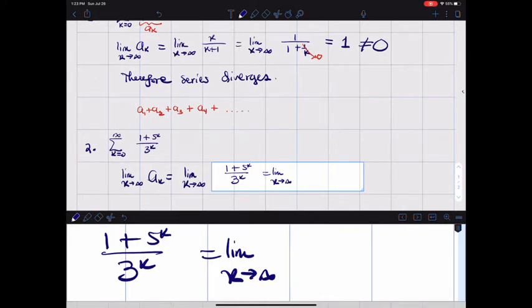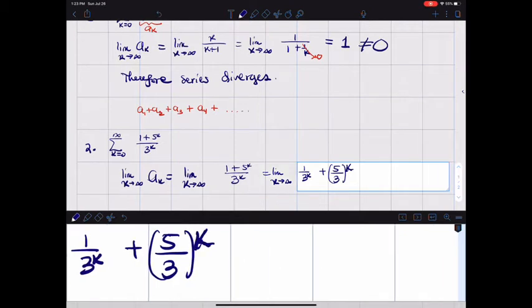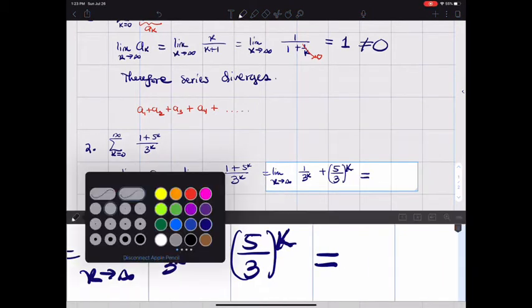We can divide each of the terms in the numerator by 3 to the power of k. So this is 1 over 3 to the power of k plus 5 to the power of k over 3 to the power of k. As k goes to infinity, the first term goes to 0.